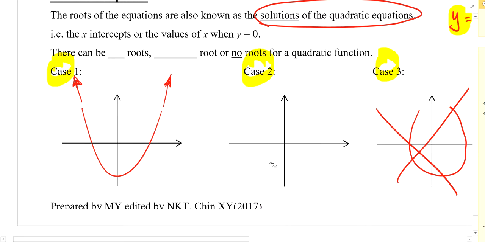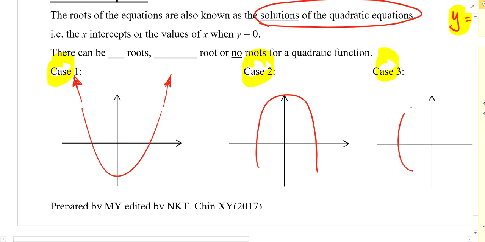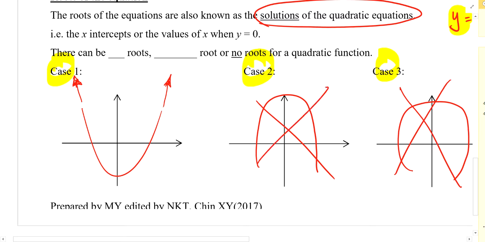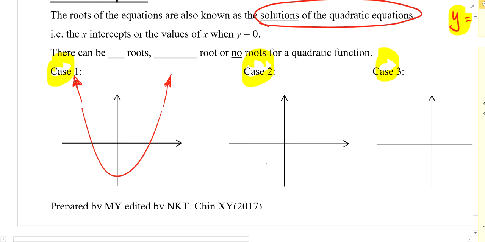You will not see water coming out looking like this, or like this. So these are wrong shapes. Rather, the water will come out like this. This is a parabola.